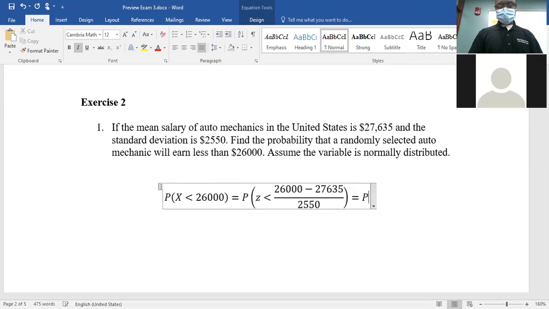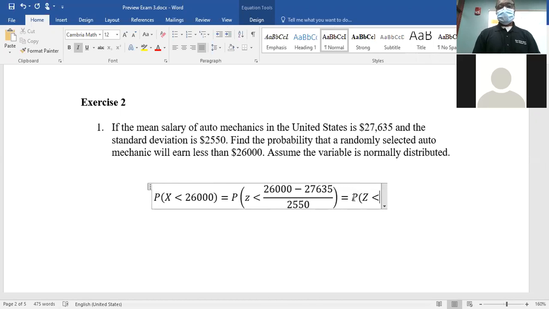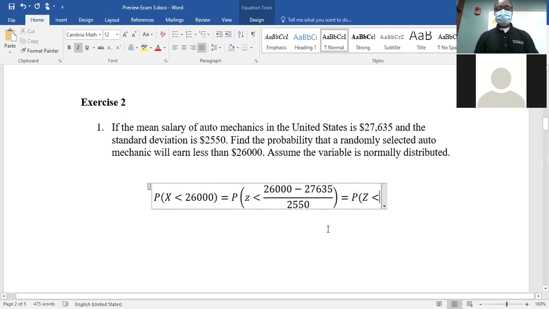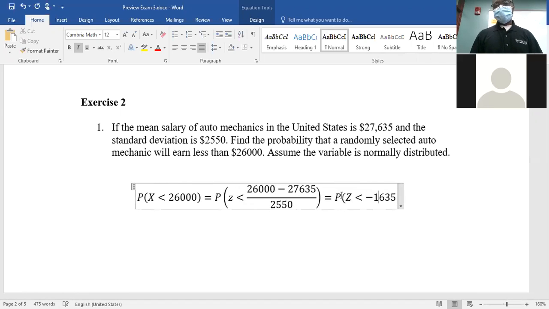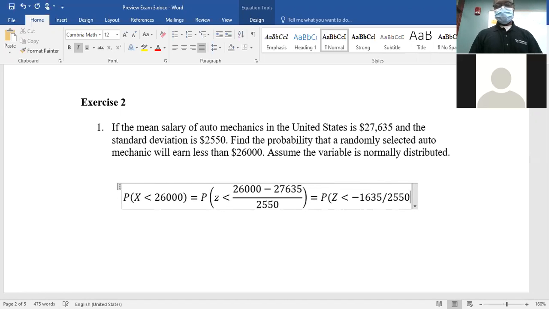Which is equal to the probability that Z is less than 26,000 minus 27,635, which is minus 1,635, divided by 2550.